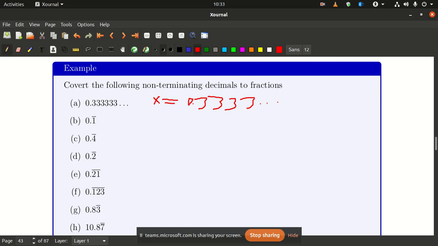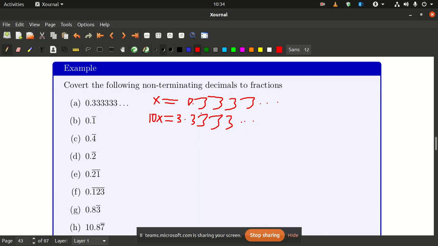So if I multiply this by 10, I have 10 times x. Multiplication means moving the decimal point to the right. So when I move it here, I will have 3 point 1, 2, 3, 4, then we have dots there.